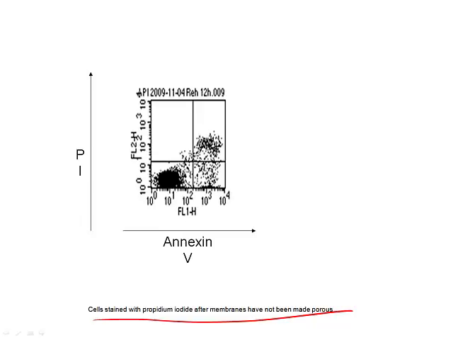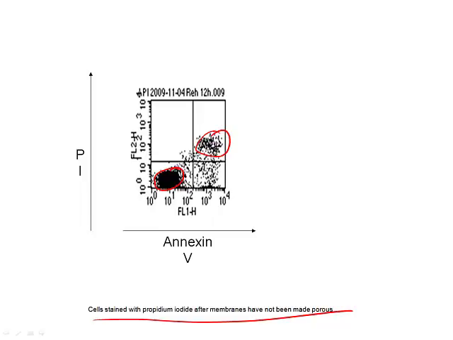So what you have here is unstained cells, cells which are not positive for PI and not positive for annexin 5. They are healthy cells, completely intact. What you have here are cells which are positive for PI and annexin 5.